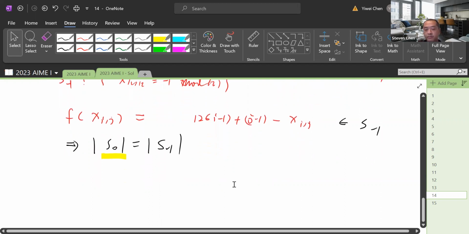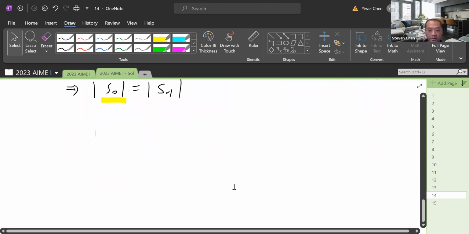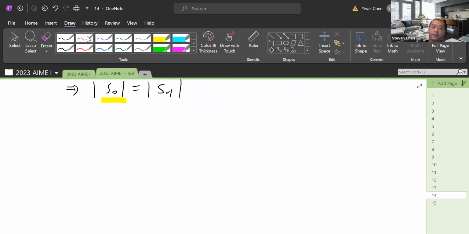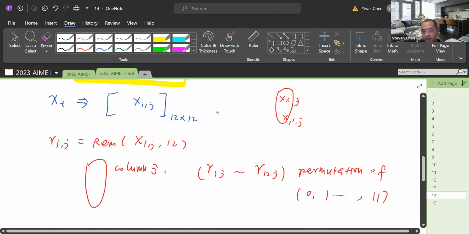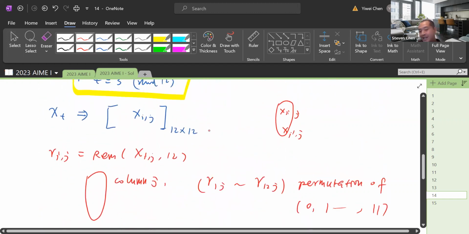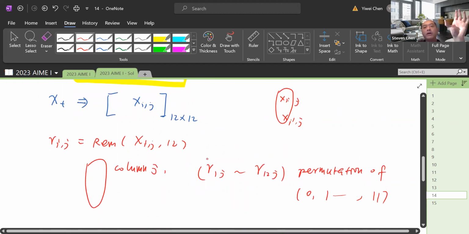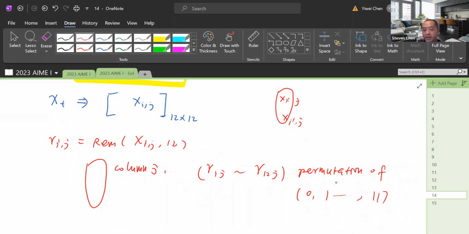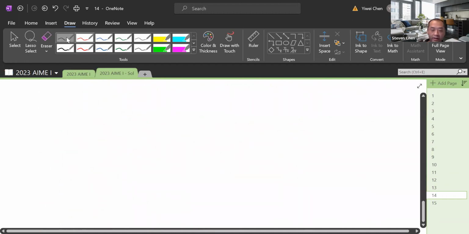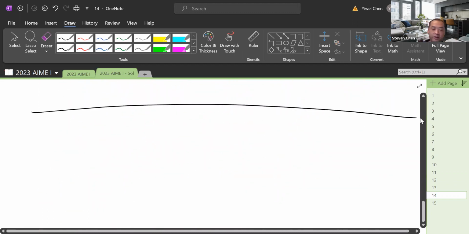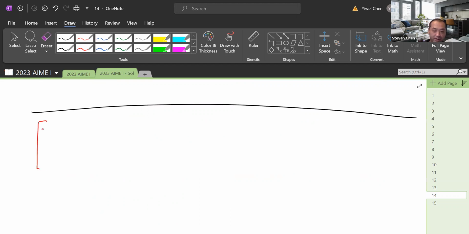All right, next, let's explore some additional structures of the matrix X. Recall that we have shown that one condition the matrix needs to satisfy is that for every column, if you look at the remainders of all entries divided by 12, they should be a permutation of 0, 1, up to 11. And I'm claiming that we have the following very important observations.